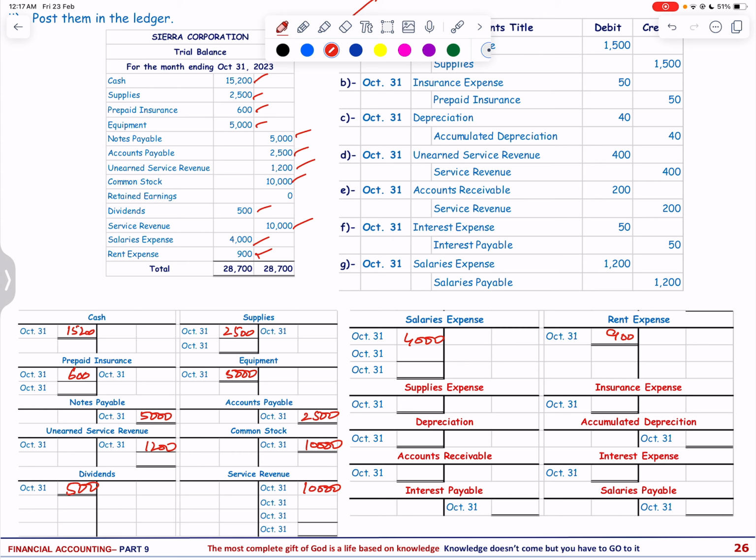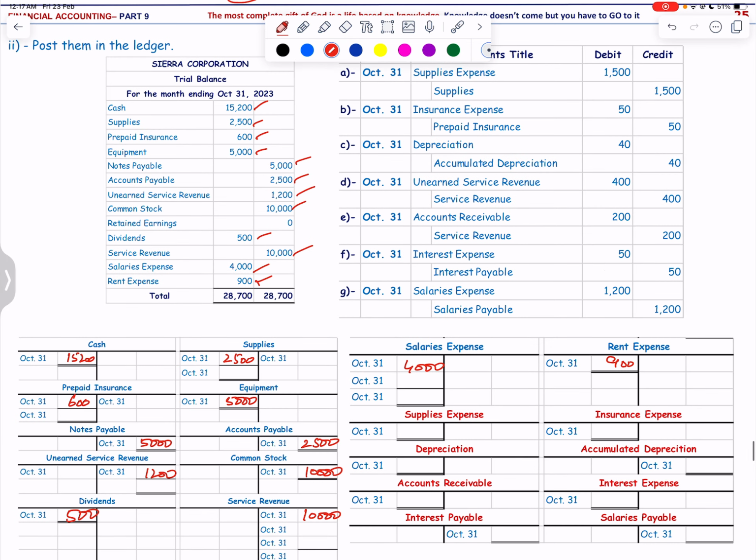And now we are going to record the adjustments that we have made. So we have supplies expense 1,500. Supplies is credit by 1,500. Insurance expense is 50 and prepaid insurance is credit by 50.